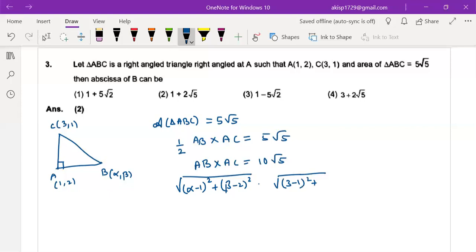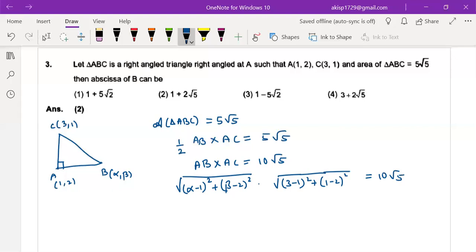This is 10 root 5. So this is one piece of information that I have. If I simplify this, I will not be able to get rid of beta or alpha here. So I need one more piece of information. Now, is there any other information available?